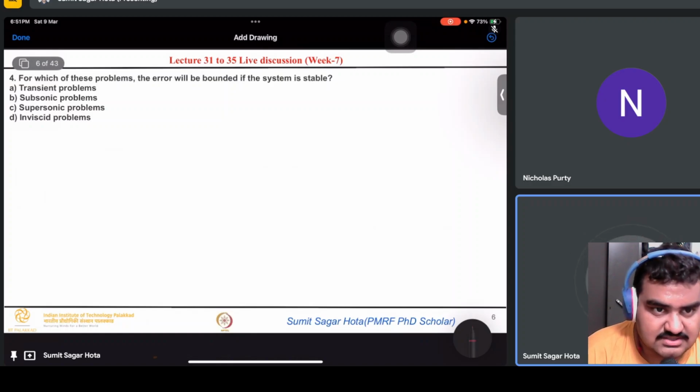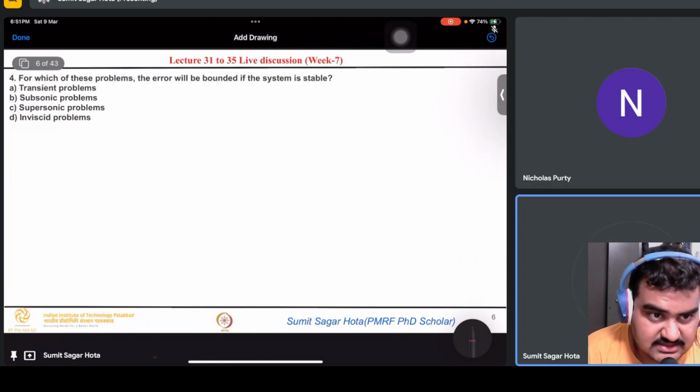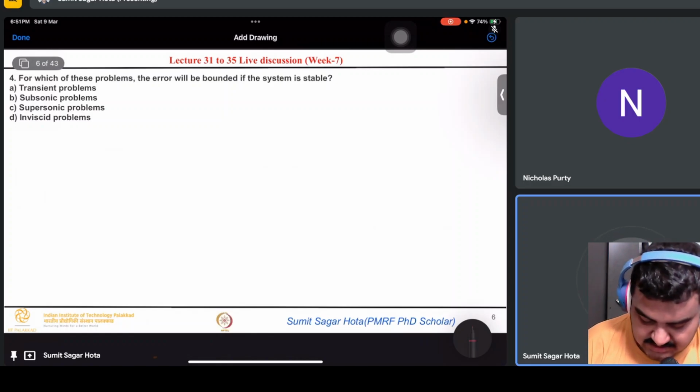You always remember: error is bounded when time increases. Usually, it can be a transient problem.